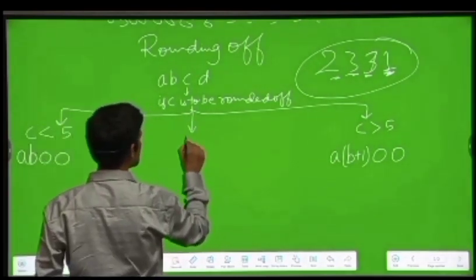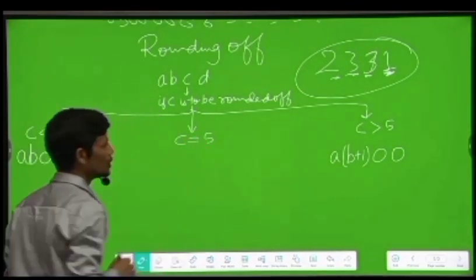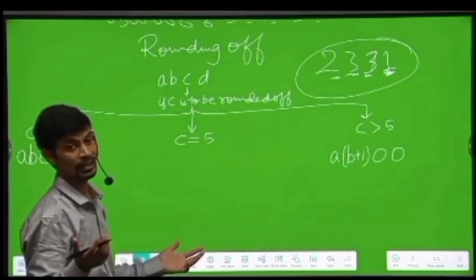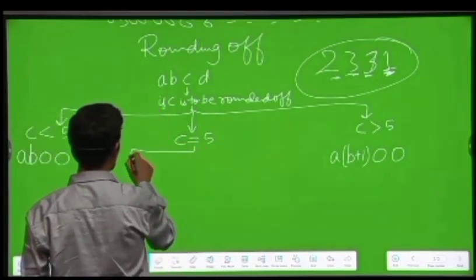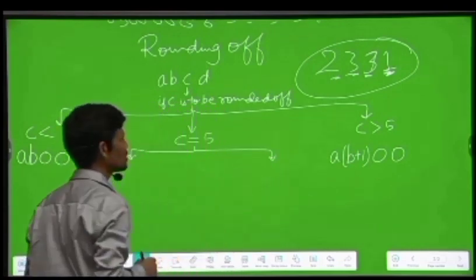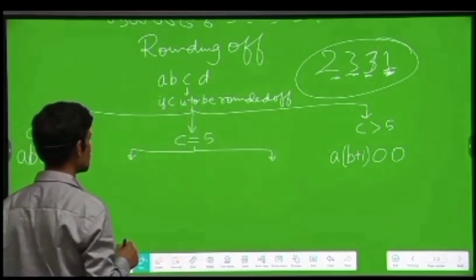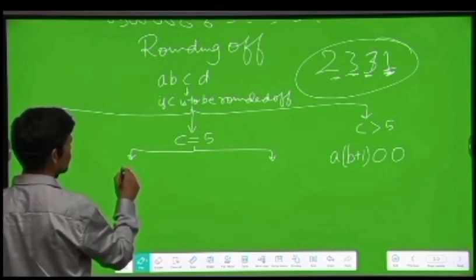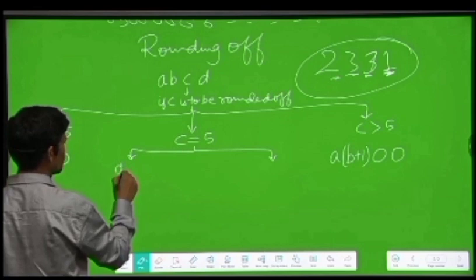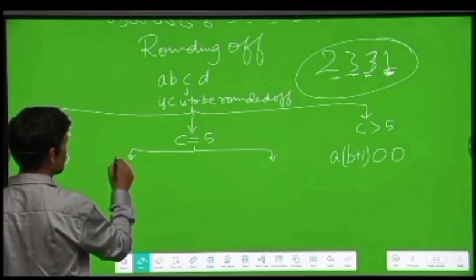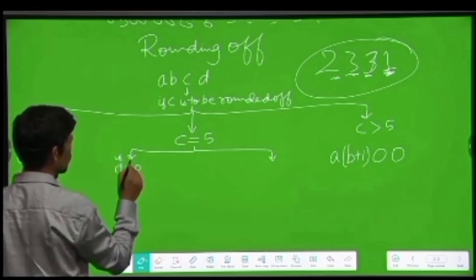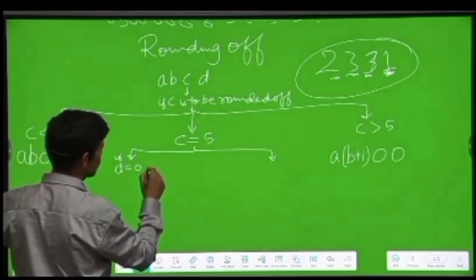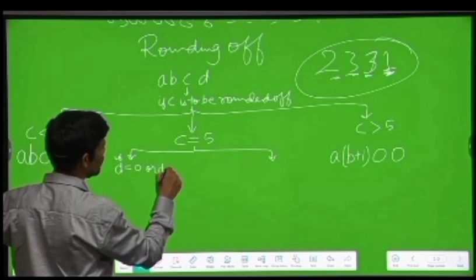Okay, now anything else? Yeah, one thing. What if c is equal to 5? Now this is a very tricky part, and I know the exact reason why mathematicians have done it. Then we have to see two cases. First is whether this d is equal to 0, or d isn't there.